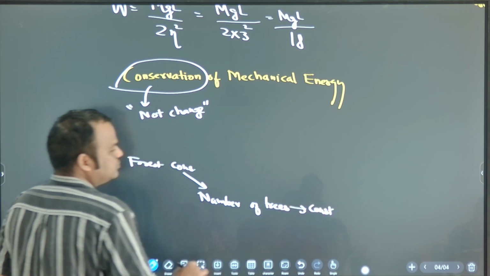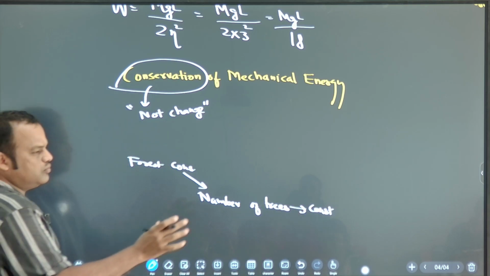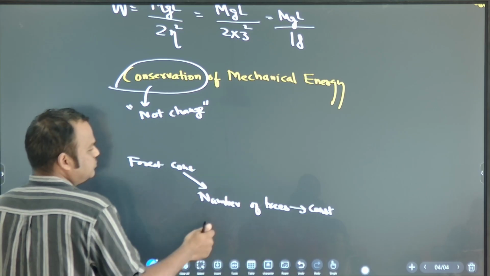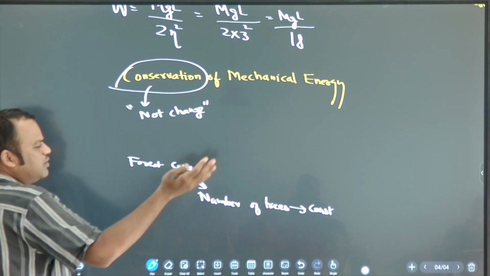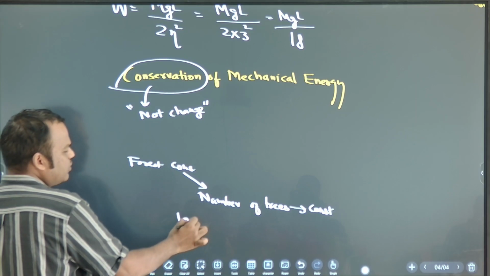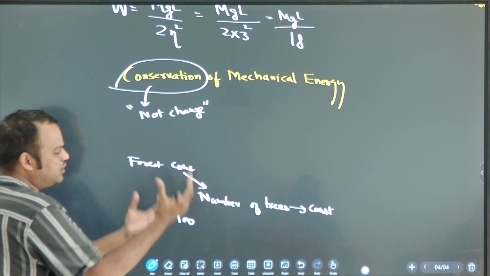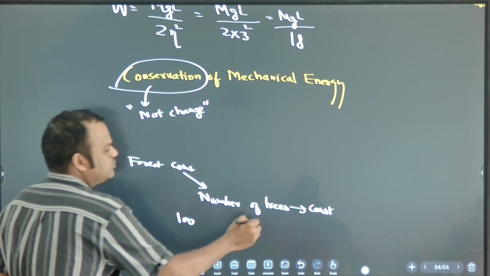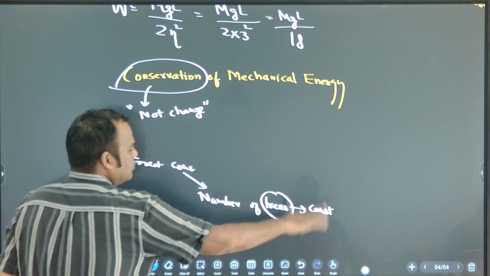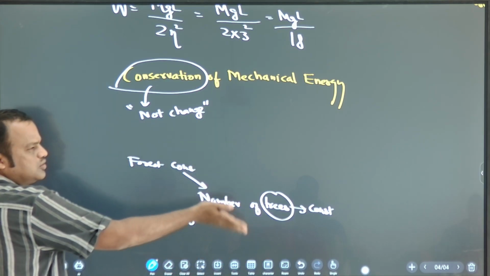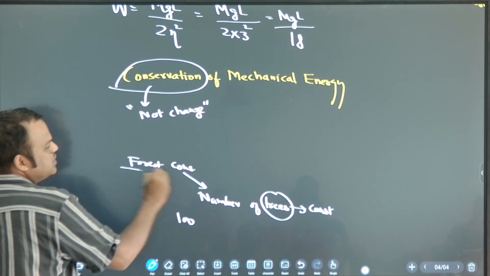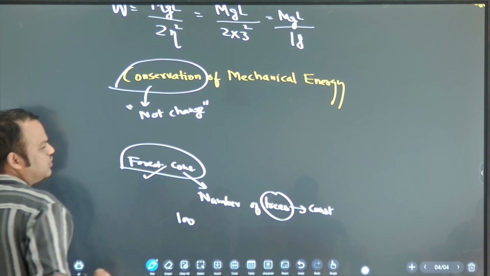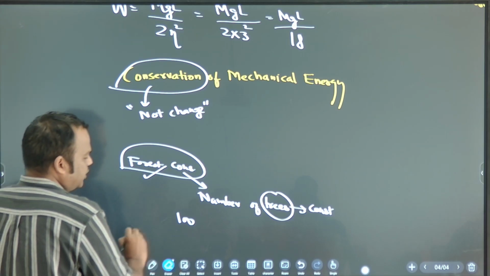Wood is used, furniture is there, wood is used. So trees are being cut, but suppose every year you cut 100 trees, you should grow 100. Equal number of trees you should also grow. It means your number of trees is constant, that is known as forest conservation.